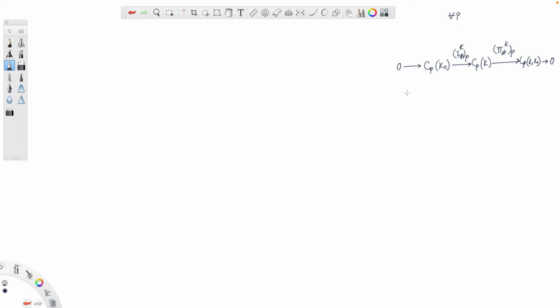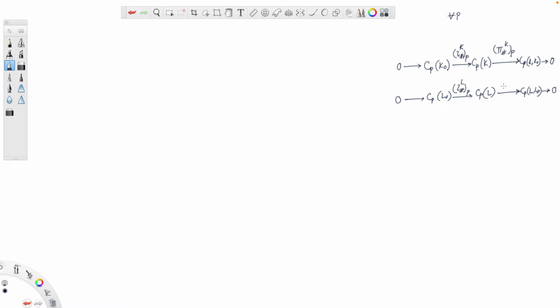Now at the bottom there is an exact sequence of abelian groups, which is 0 to CP L0 and then CP L0 to CP of L. Now this is I hash at P. I hash L, the superscript L designates that we are dealing with the chain groups related to the simplicial complex L. And then from CP of L to CP of L comma L0, and then CP of L comma L0 to the trivial group 0.